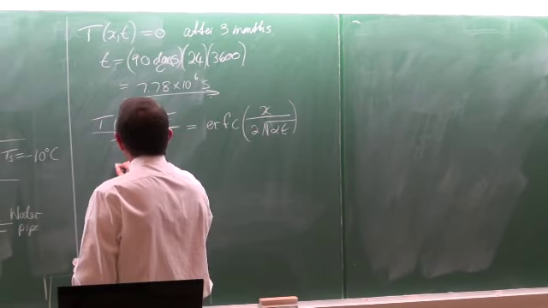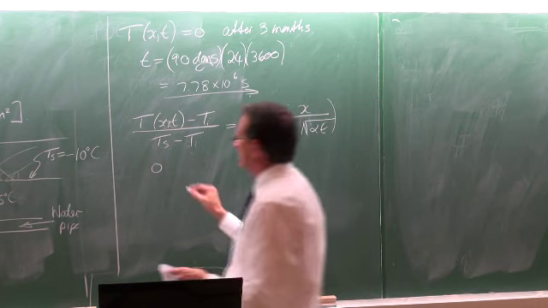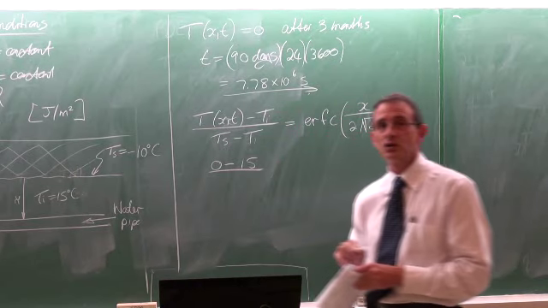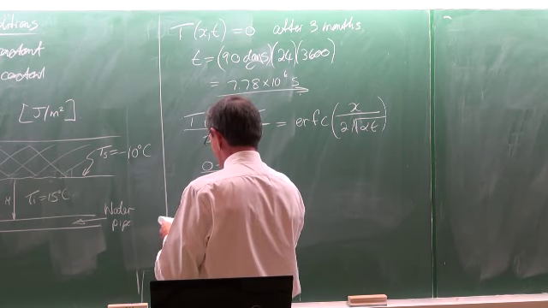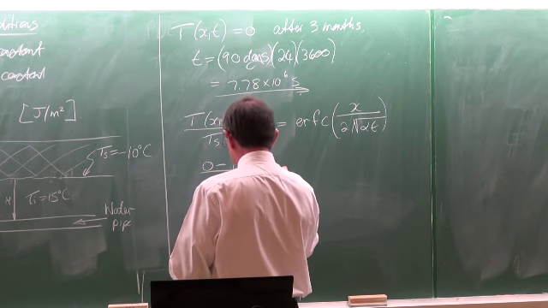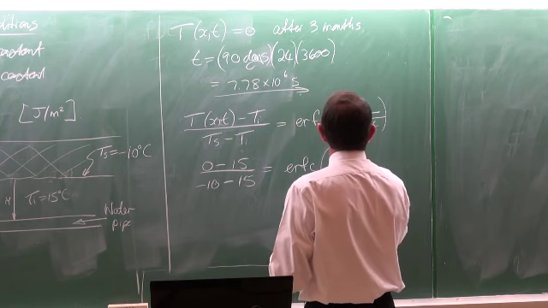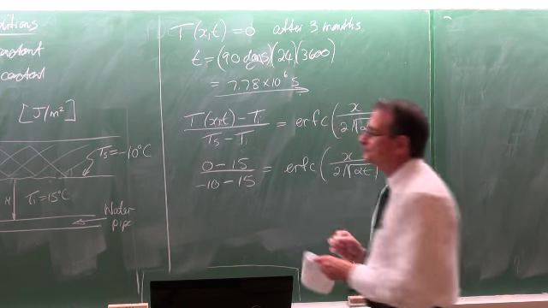Okay. Now the temperature is 0 minus the environment temperature. The initial temperature is 15. The surface temperature is minus 10. So 0 minus 15 over minus 10 minus 15 should be equal to the complementary error function of x divided by 2 times the square root of alpha t.